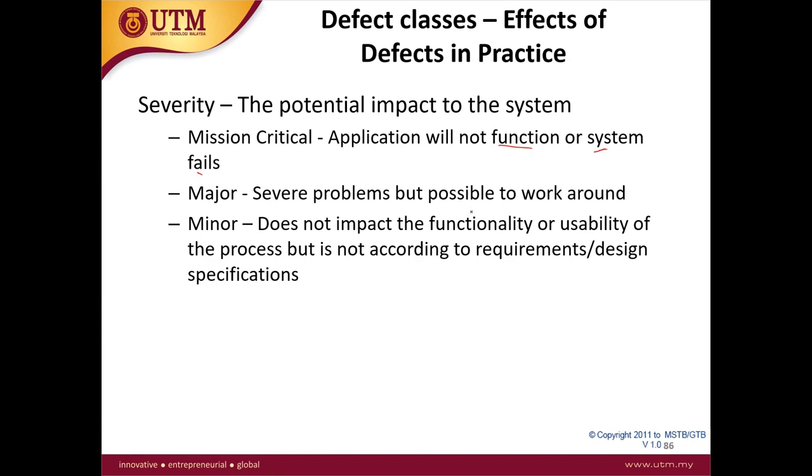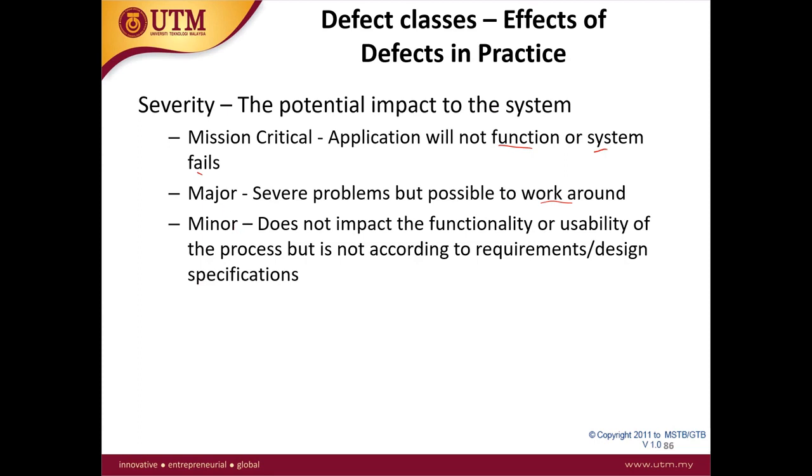Major, a severe problem, but possible to work around. It still does not stop the system from functioning, but this is a major. For example, giving or saving an incorrect result. The system can still run. It's not a showstopper, but major.